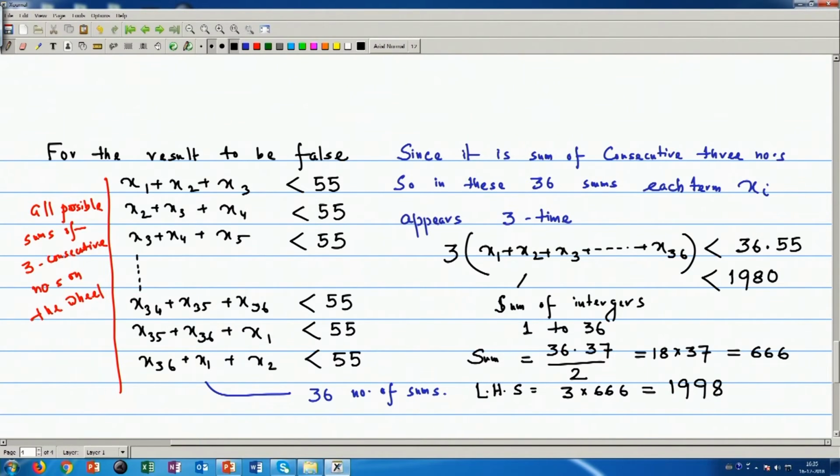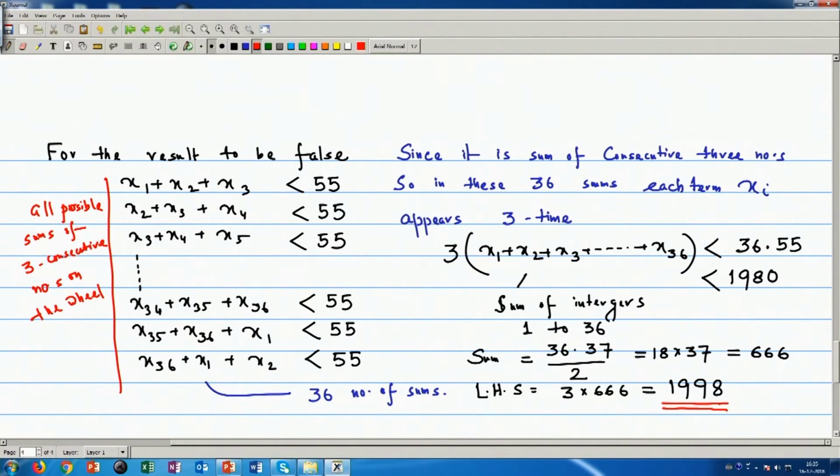Now, what we see is that this sum of 36 sums becomes 1998.